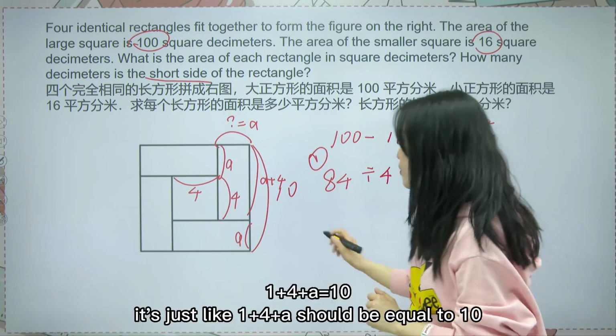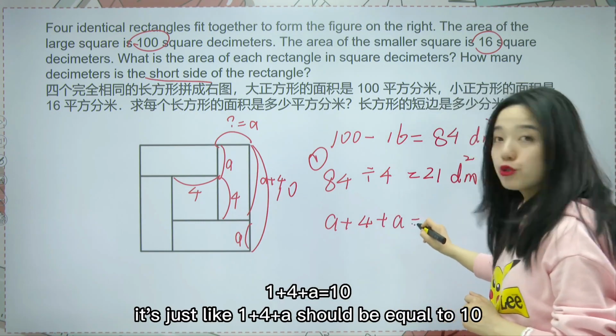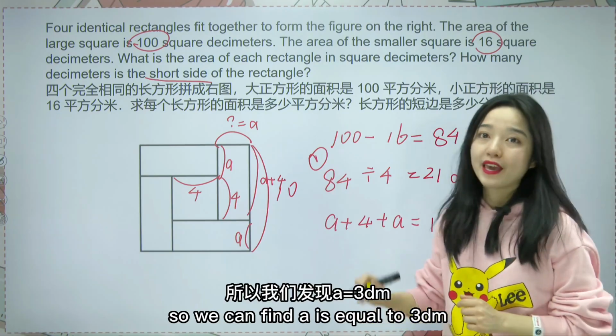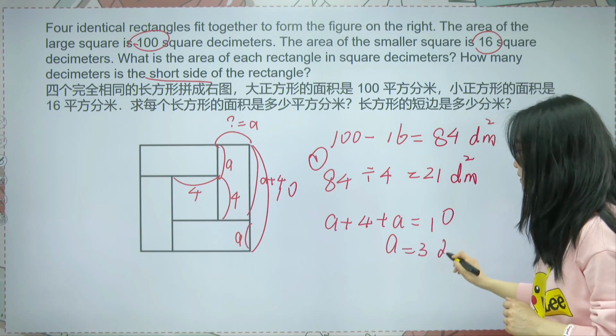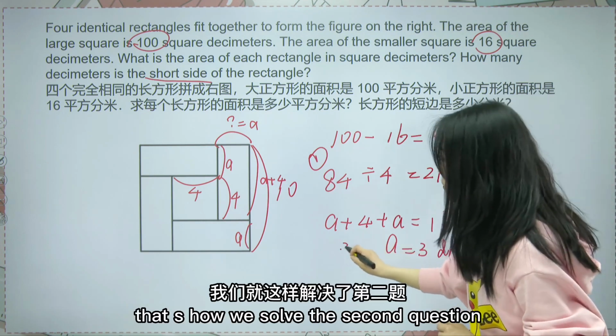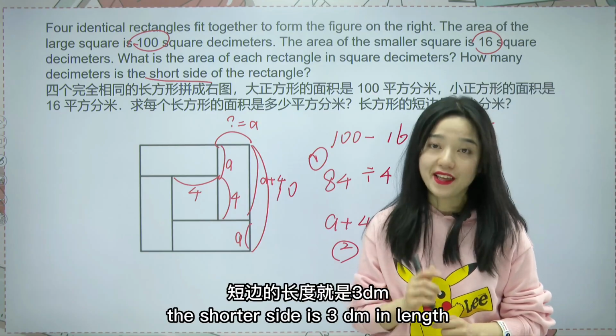That's 10. It's just like A plus 4 plus A equals 10. So we can find A is equal to 3 decimeters. That's how we solve the second question. The shorter side is 3 decimeters in length.